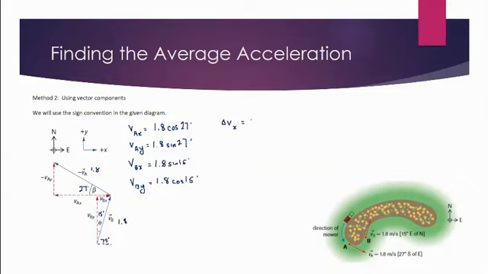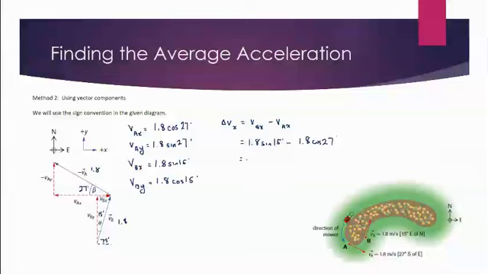So I will be doing VBX, and I'll be subtracting the number I got for VAX. 1.8 times sine 15 minus 1.8 times the cosine of 27. Now, of course, if you just prefer to find those values earlier, that's okay. 1.8 times sine 15 minus 1.8 times cosine 27.